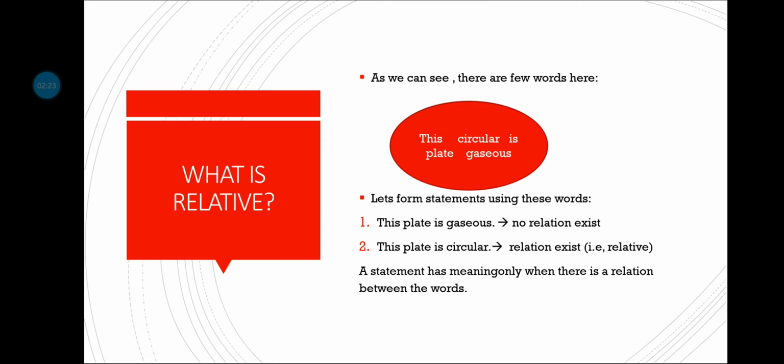Now the second statement says that this plate is circular. As we all know, a plate can be circular, so there is a relation over here. It means plate and circular are relative to each other. A statement is meaningful only when there is a relation between the words.